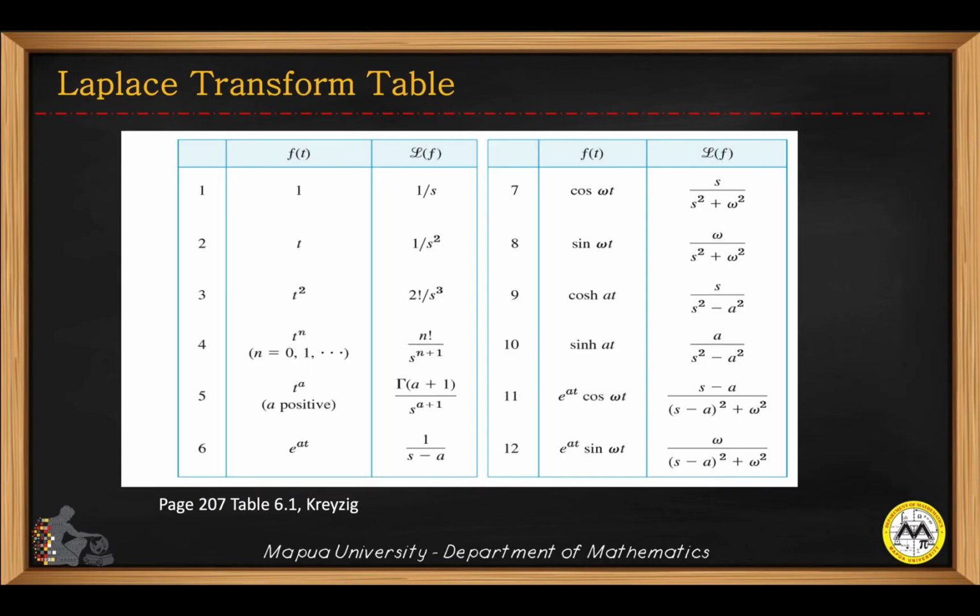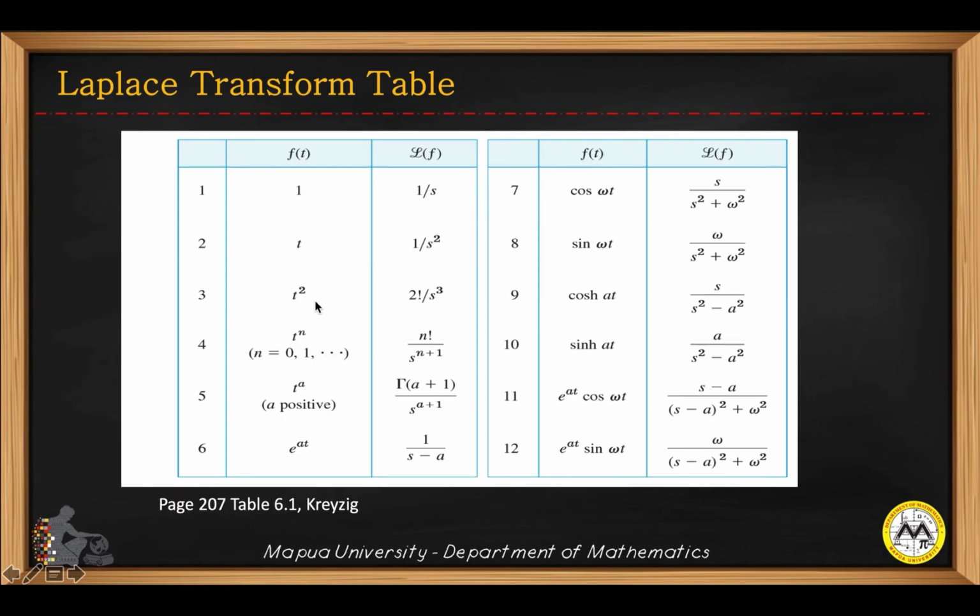Now, we can avoid the integral definition by using the Laplace transform table. This summarizes the transform of some basic functions. The transform of 1 is 1 over s. T to the n is n factorial over s raised to n plus 1, when n is 1, 2, 3, and so on.